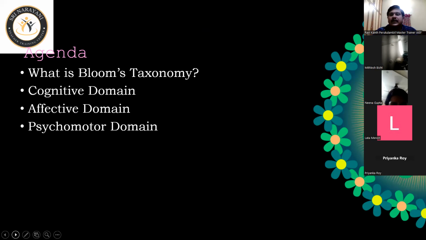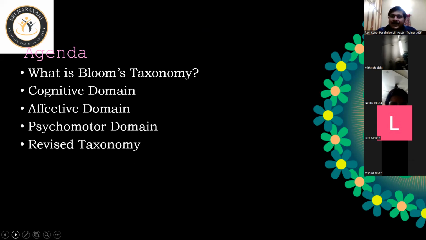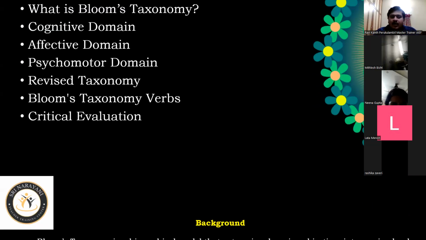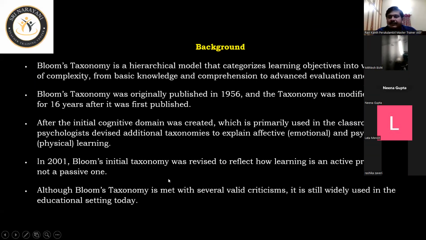Most of the people don't give much importance to the affective domain and psychomotor domain, especially the teachers who are into high school. But it's very much important that we keep this in mind because students' development is gradual. It's not a one-day transformation that happens to the child. And then we'll be looking into the revised taxonomy and a few verbs. We'll not be doing verbs today. We'll be only doing these three domains.